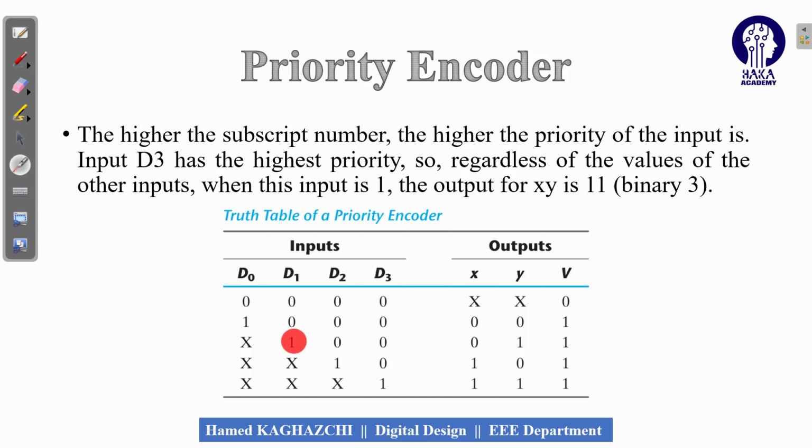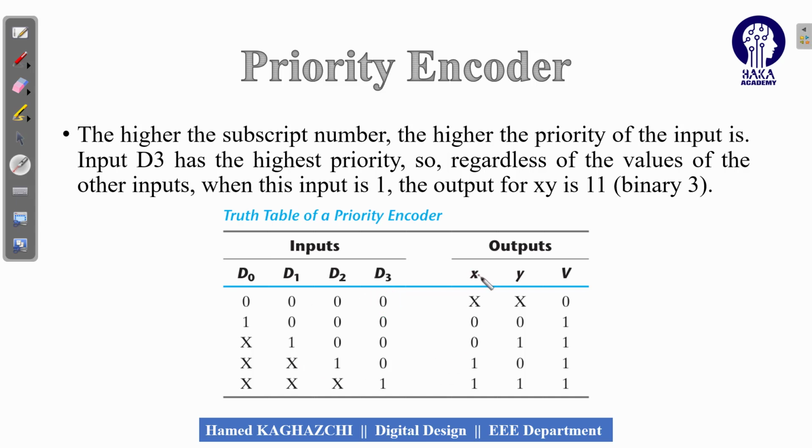Similarly for D1. And also we say that when all of the inputs are equal to 0, the validation will be equal to 0. It means that it doesn't matter what the output is, because the inputs are invalid.